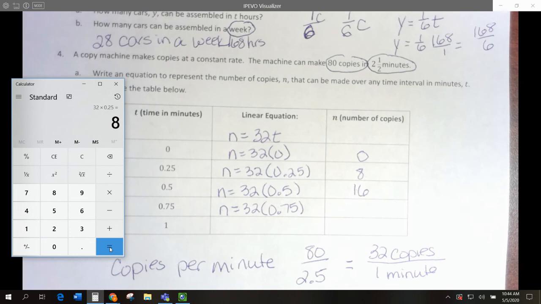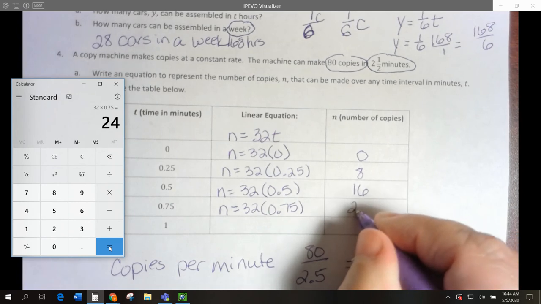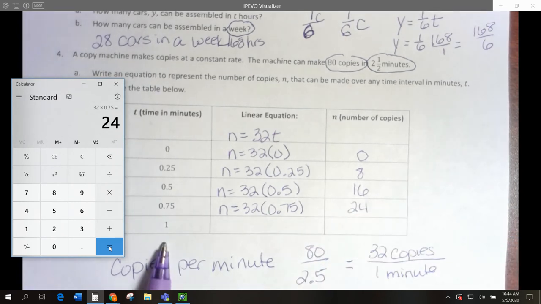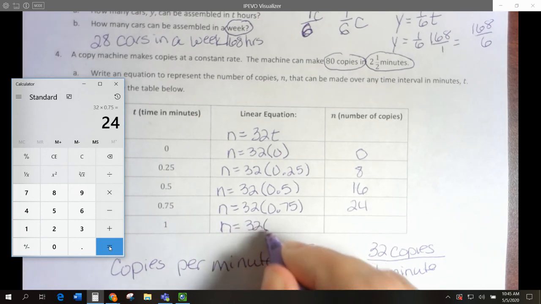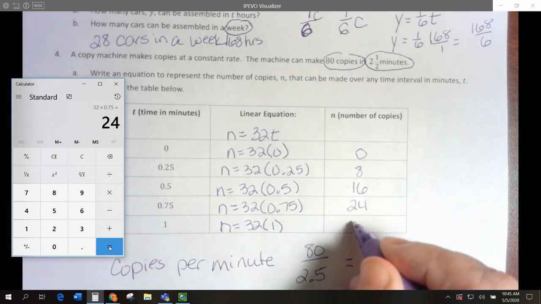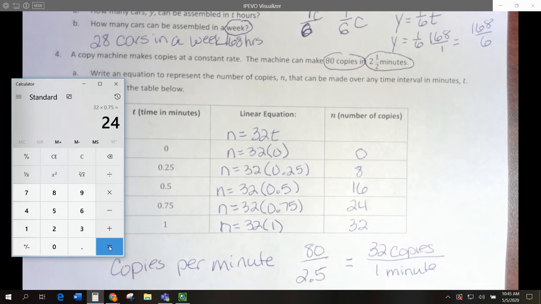If you want, you can use your calculator. It should be 24. And what if it was 1 minute? N would equal 32 times 1, and that would be 32 copies.